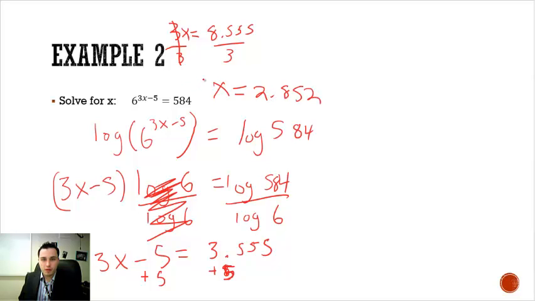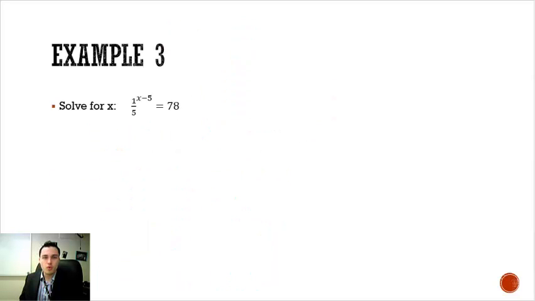Okay, one more problem to go. Ooh, a fraction. Oh no. Heaven help us. We'll be fine. Same thing. I'm going to do the log of both sides. So log of the left side, which is 1/5 raised to the x minus 5, will equal log of 78.